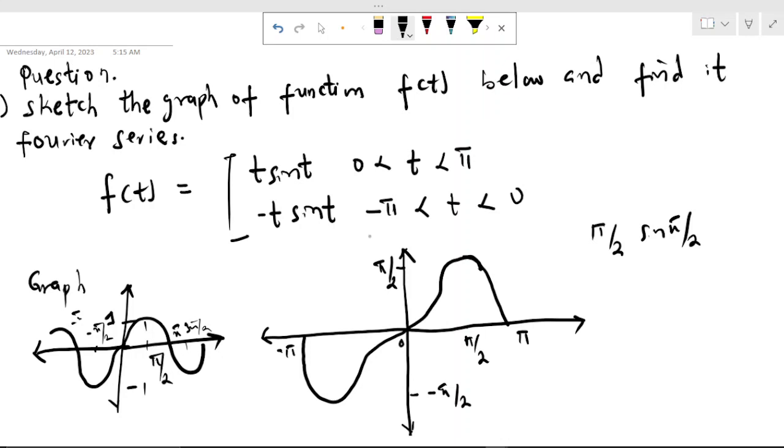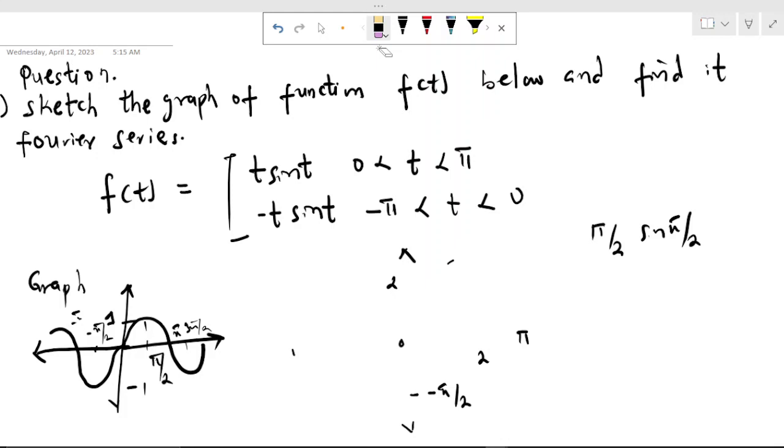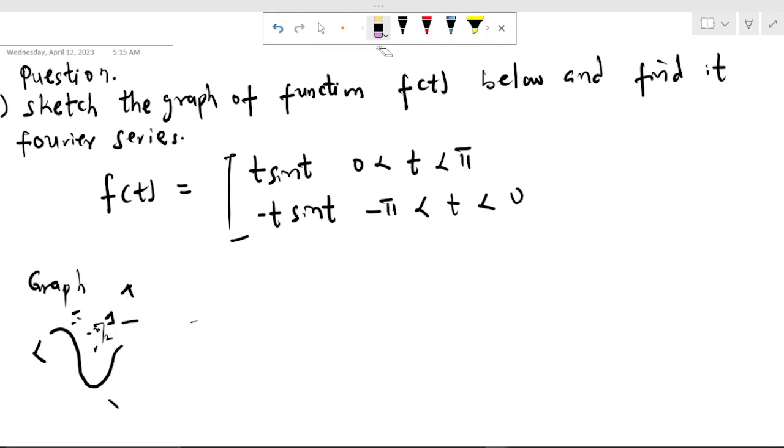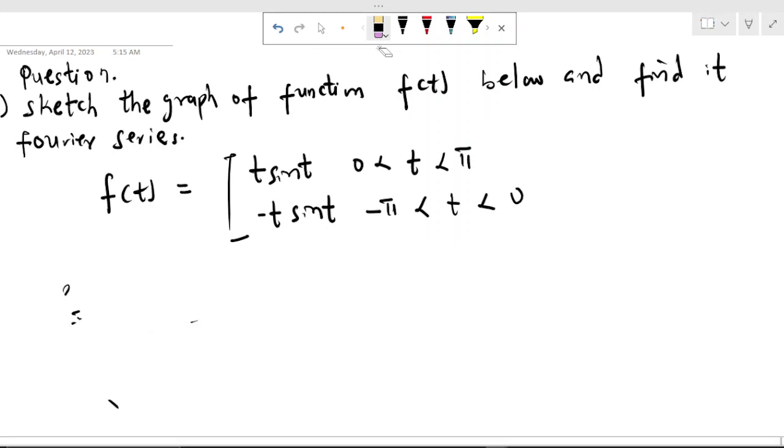Now let's move on to finding the Fourier series. Also for the graph, you can test the accuracy of the graph by plotting it with an online tool, or by inserting certain values to see the coordinates and plot out the curves itself.